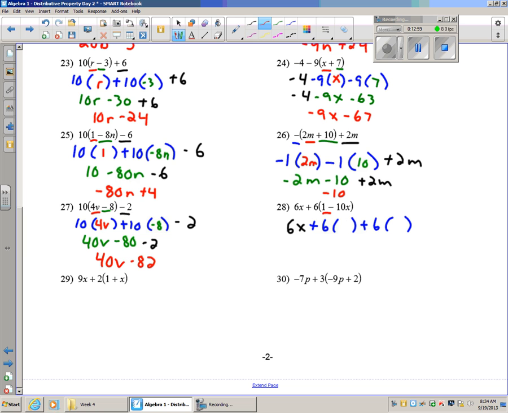First term being 1, and the second term being negative 10x. 6x just drops down again. 6 times 1 is 6, and 6 times negative 10x is negative 60x. Combine like terms here. Positive 6x and negative 60x is negative 54x, and the 6 just drops down.